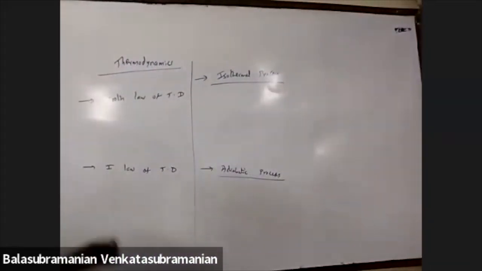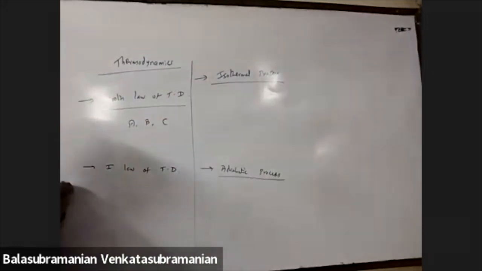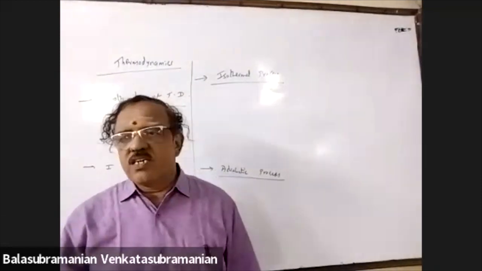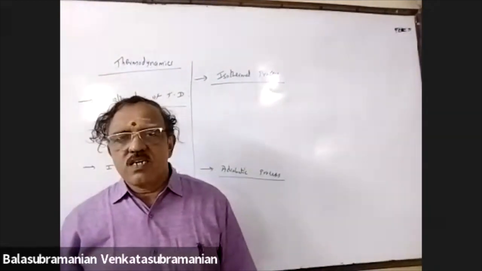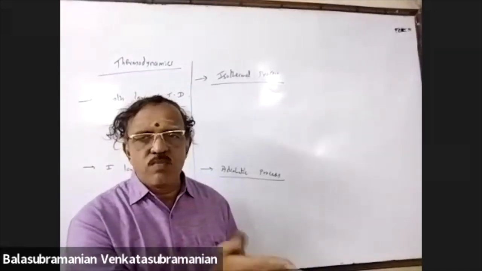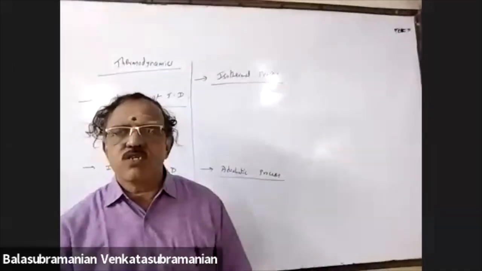Suppose we have three thermodynamical systems, A, B, and C. It has got a pressure, temperature, and volume. System A has got one pressure, volume, and temperature. System B, pressure, temperature, volume. System C also pressure, temperature, volume.